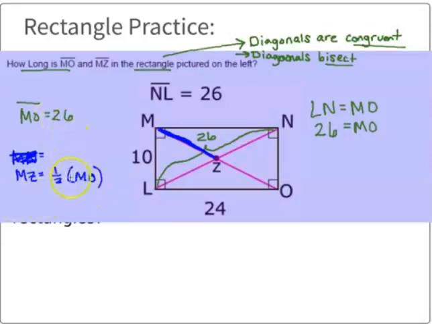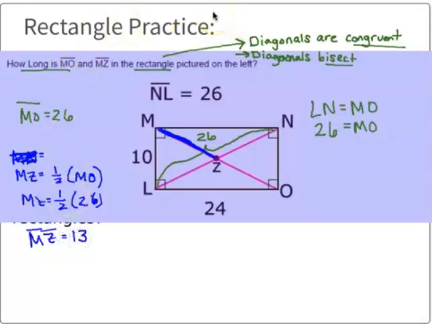So we know MO is 26, so if we take half of 26, that's going to give us the length of MZ. And what is half of 26? If you said 13, you are correct. So the length of MZ is going to be equal to 13.